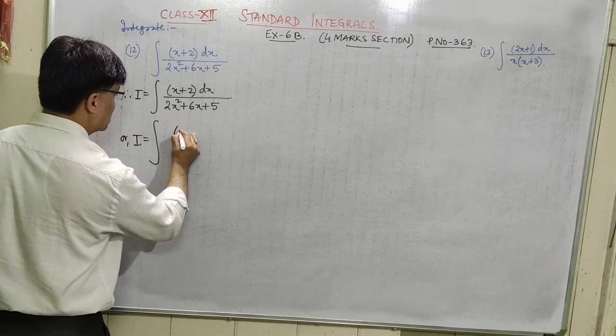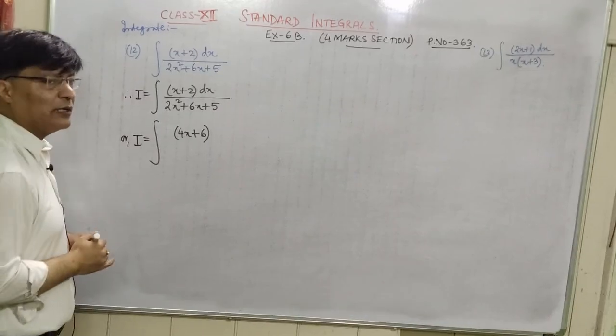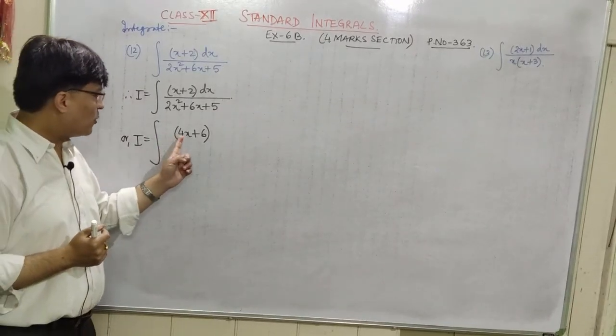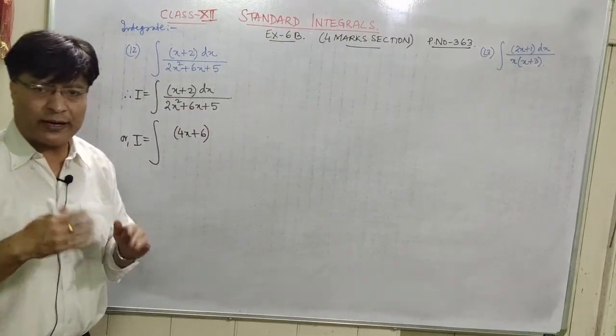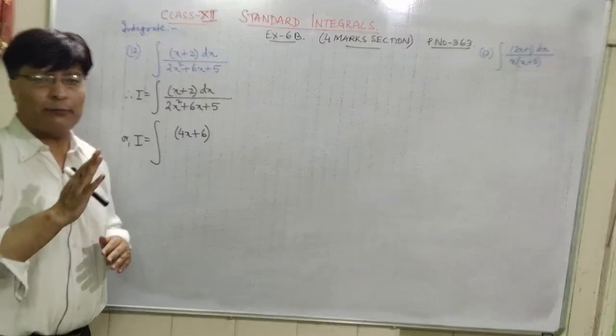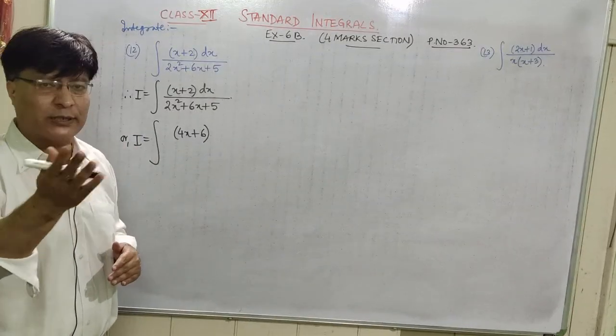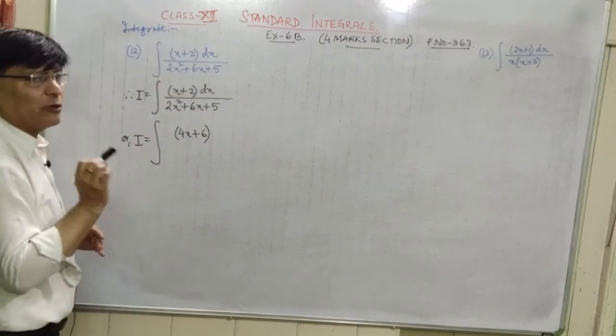For 2x square it is 4x plus 6. Is that clear? Since there is 4x but here it is x, you cannot write minus 3x. If you write minus 3x, it is just like adding the variables, and again you have to separate it and integrate it. So you cannot add or subtract the variables out here.